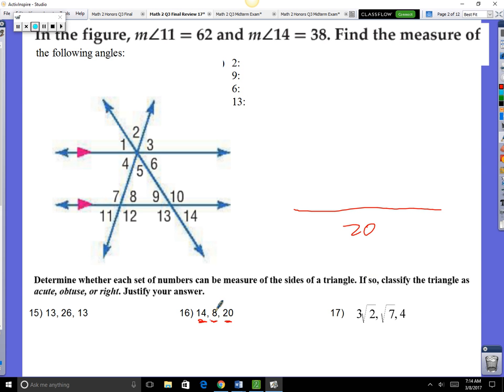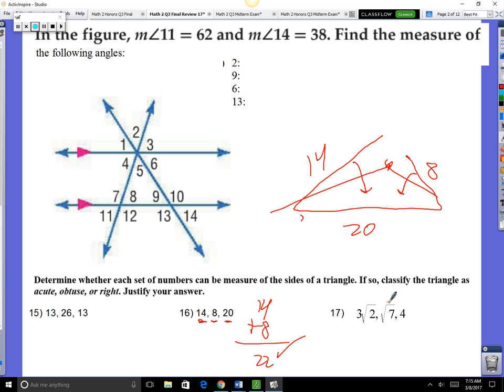Now I'm going to add these guys, 14 add 8, and they must add and be bigger than the base, or else it will not make a triangle. They'll sit and spin and never touch, or they'll touch right in the center. 14 and 8 is 22, so check. It will make a triangle. So if I've got like 14 here and 8 here, as they spin down, they'll prop each other up somewhere. Boom, maybe like right there, 14 and 8, and make a triangle.